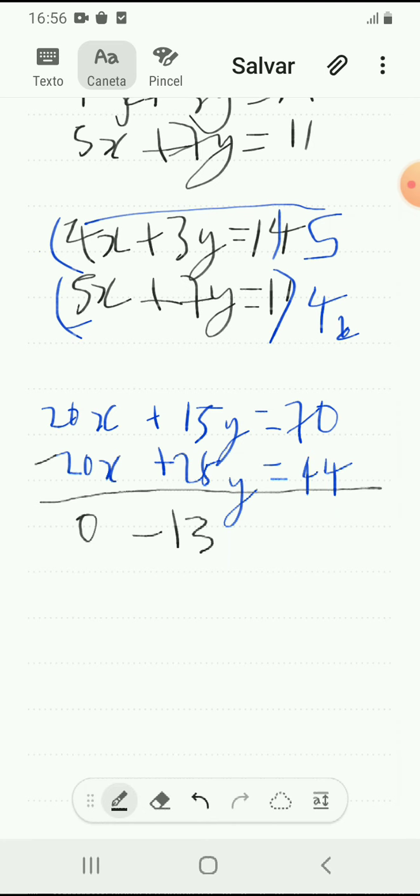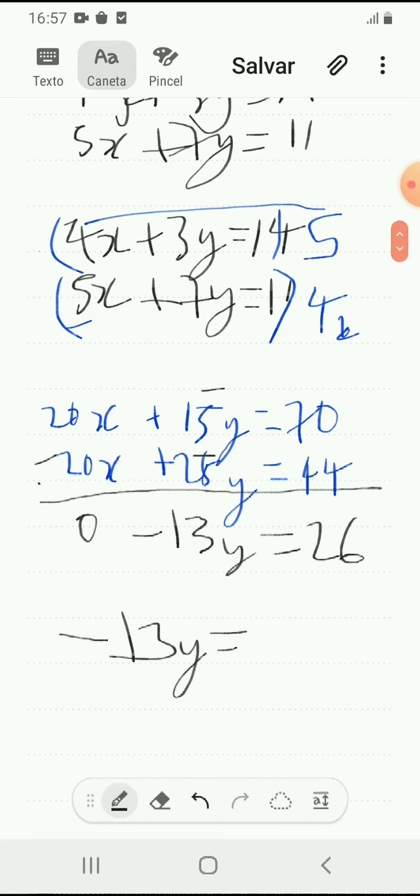Then we have 70 minus 44, and this gives us 26. So we have minus 13y equals 26. So we can find y now.